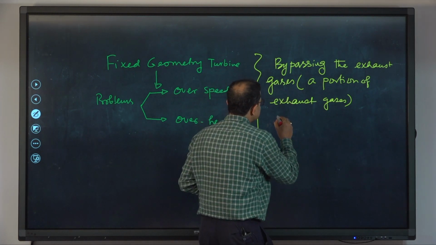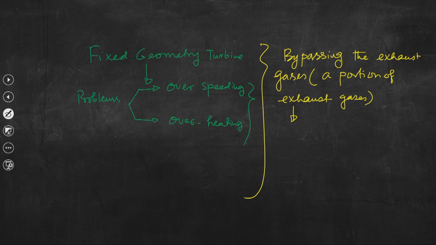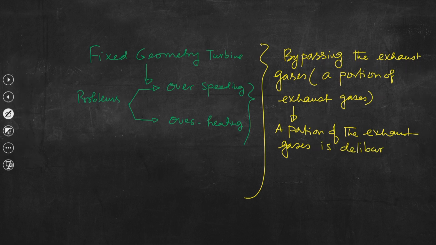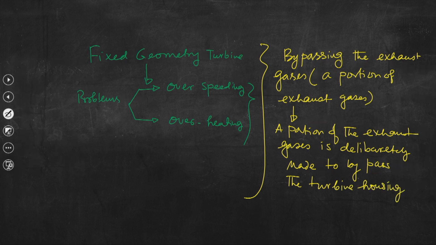So, bypassing the exhaust gases, a portion of the exhaust gas is deliberately made to bypass the turbine housing.